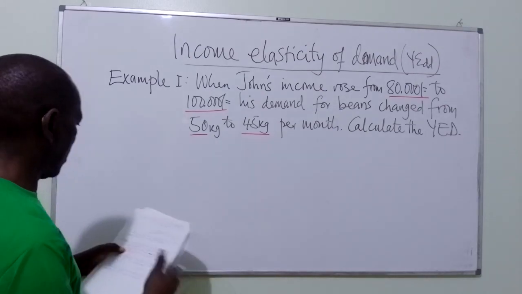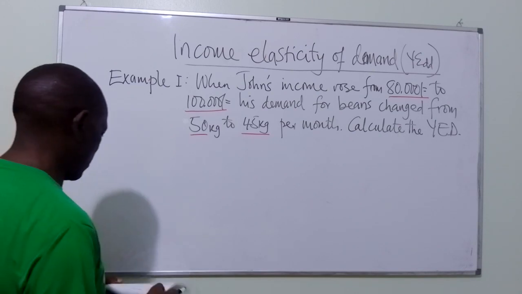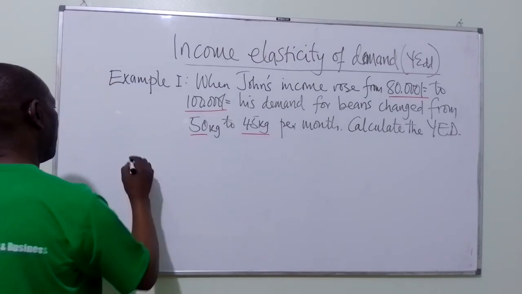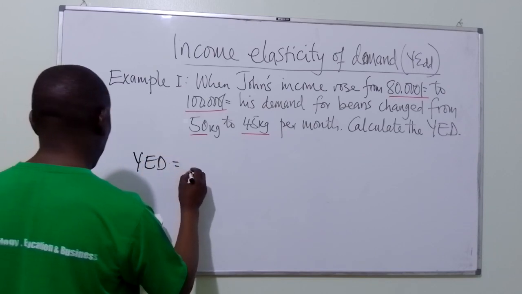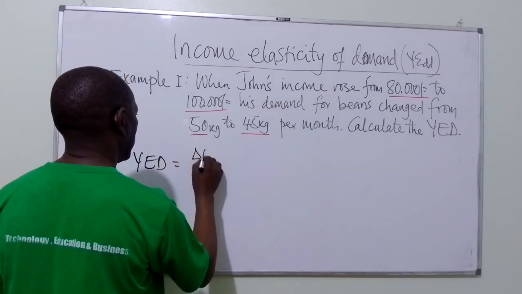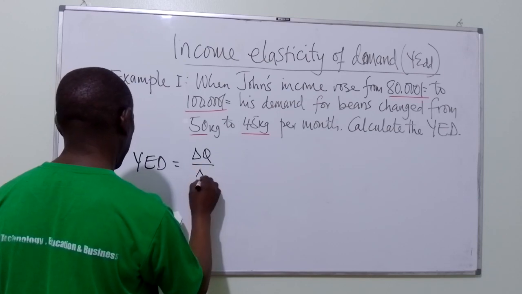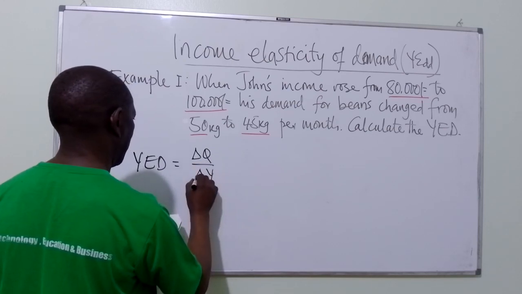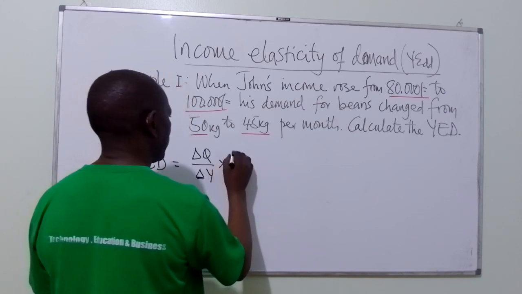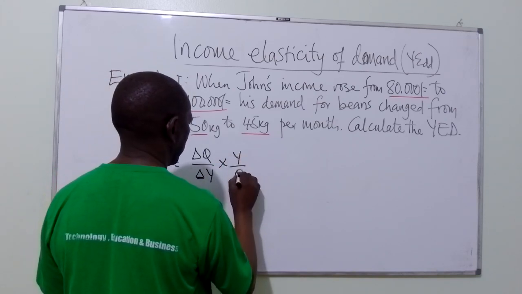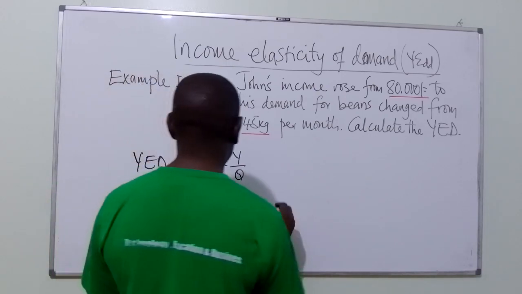Just to be systematic, we are going to explain this. Income elasticity of demand is equal to change in quantity over change in income, times income over quantity.